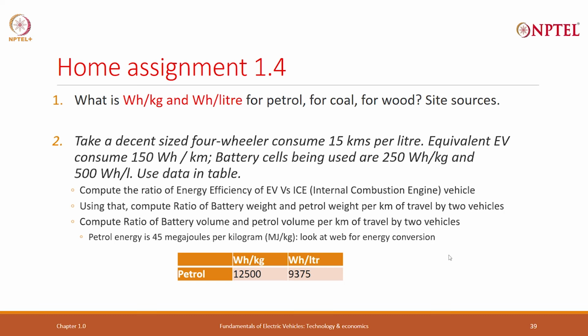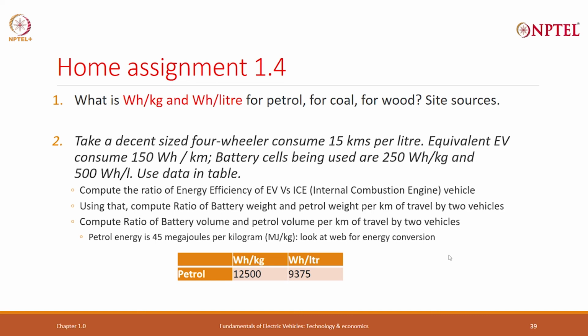Petrol energy is 45 megajoules per kilogram. Look at the web for energy conversion. I have given you megajoules per kilogram, convert that to energy per kilogram, watt hour per kilogram. I have given you some numbers, you should be able to answer this assignment.